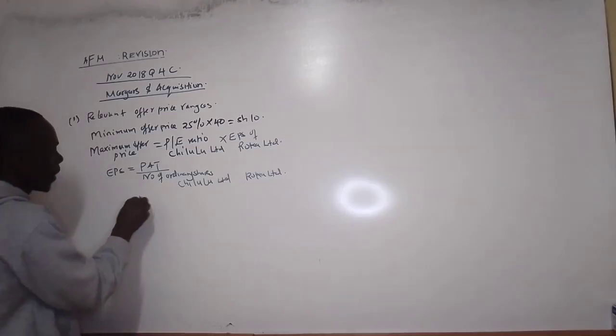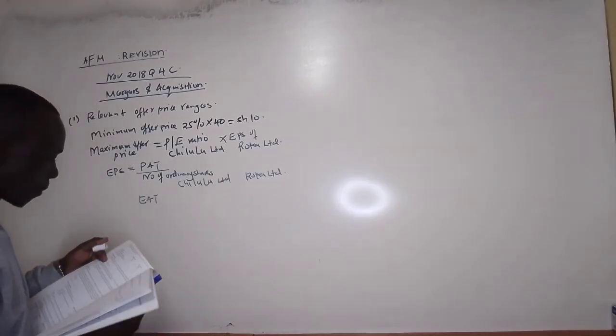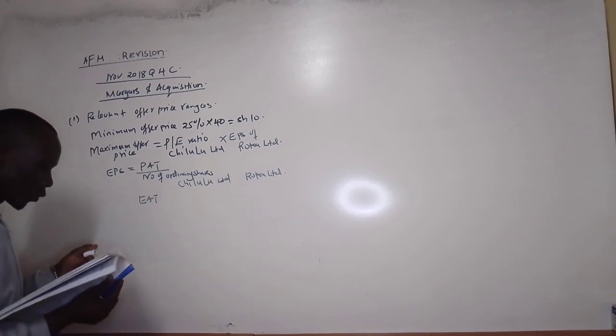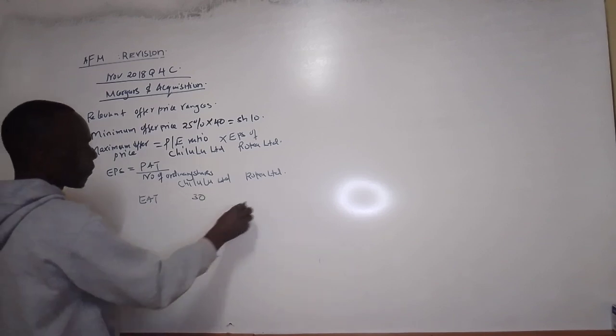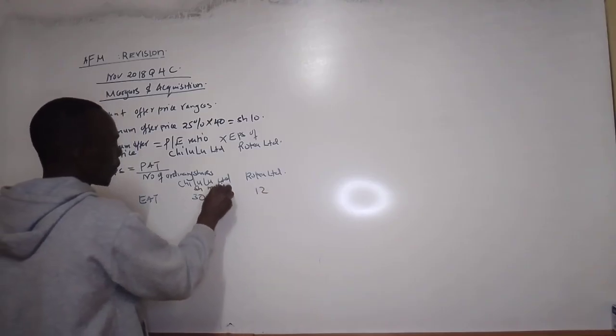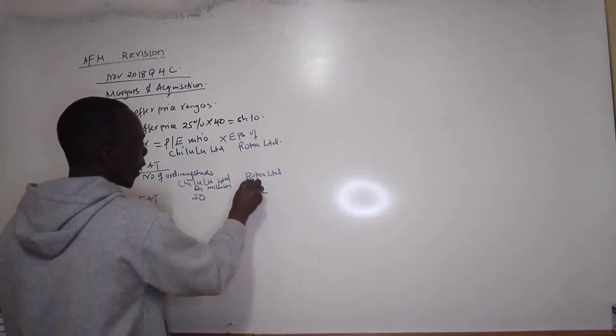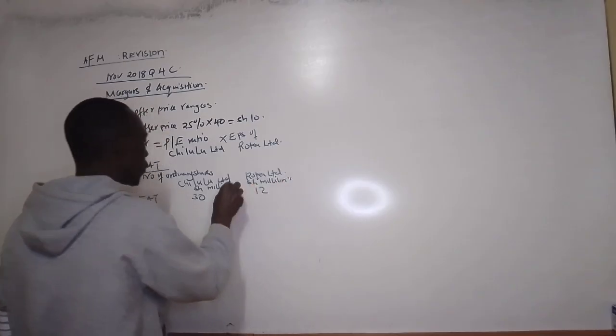We have our earnings after tax, which we are told is 30 million and 12 million. Remember, our shillings are in millions. This is what we are told.